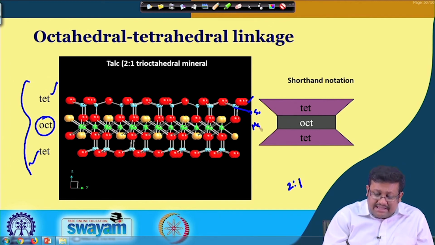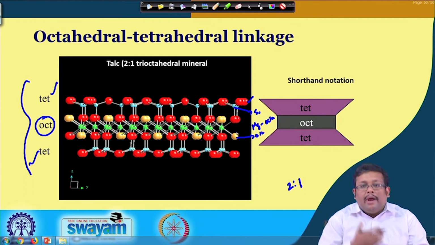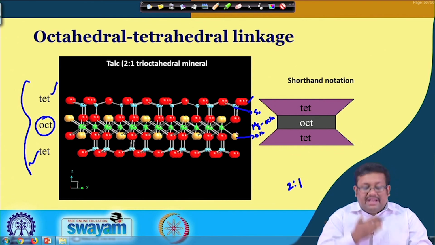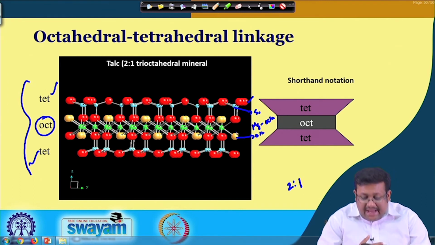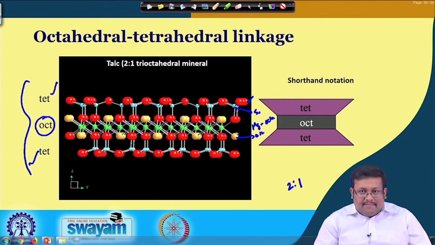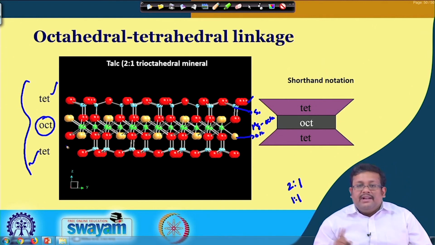This is a magnesium octahedron, and in the magnesium octahedron these yellow balls are hydroxyl, and these reds are oxygen. The tetrahedral sheet and octahedral sheet join together by sharing their apical oxygen, and as a result they form this 2:1 structure. Sometimes you will see a 1:1 structure, which means there is only one octahedral sheet and only one tetrahedral sheet.